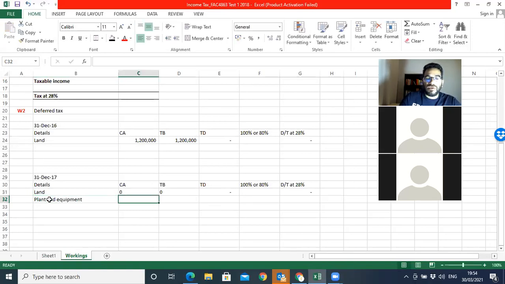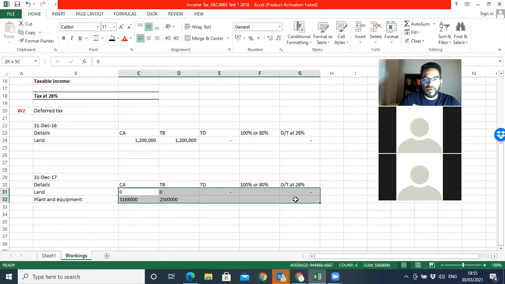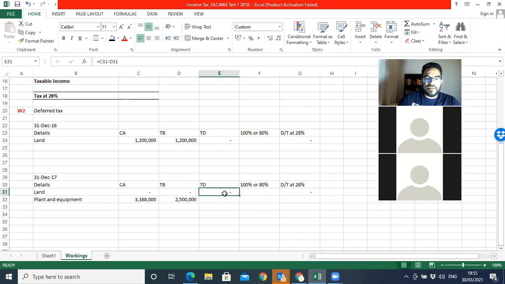The carrying amount at 31 December 2017 is 3.168 million. The tax base is 2.5 million. So the temporary difference is carrying amount minus tax base, which is 668.